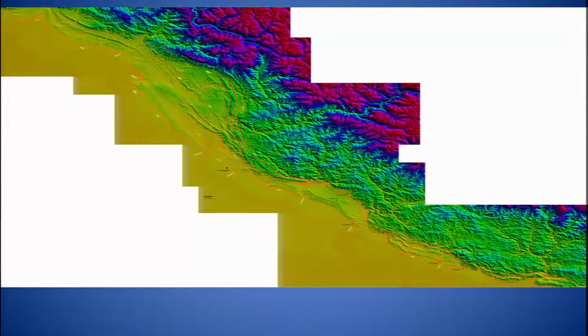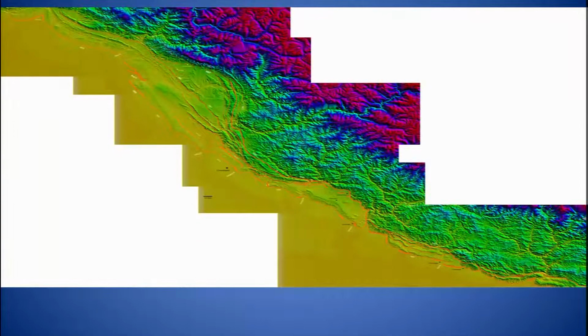So what we are doing at IIT Kanpur, along with some other institutions in India, is that we have taken up the whole area with an aim to identify the active fault traces and come up with a digital active fault map.